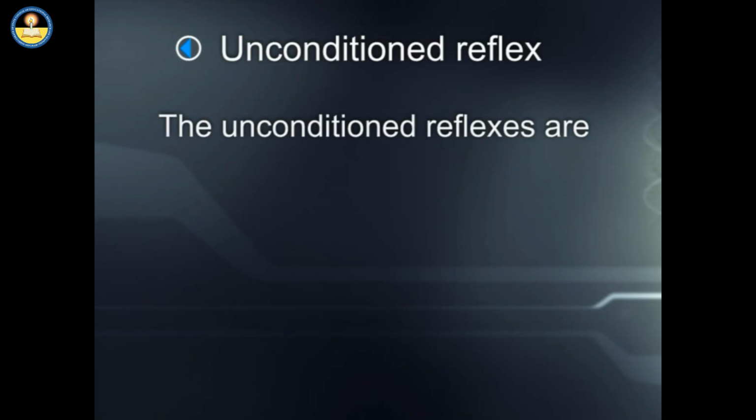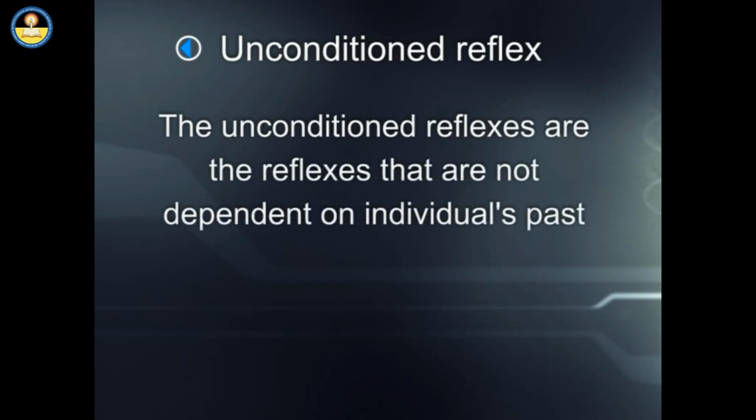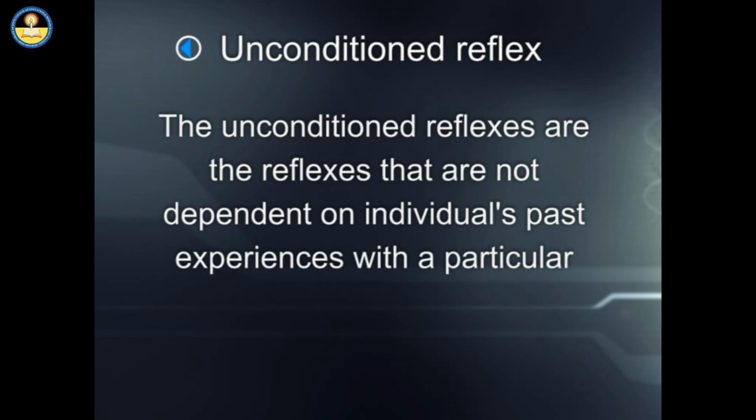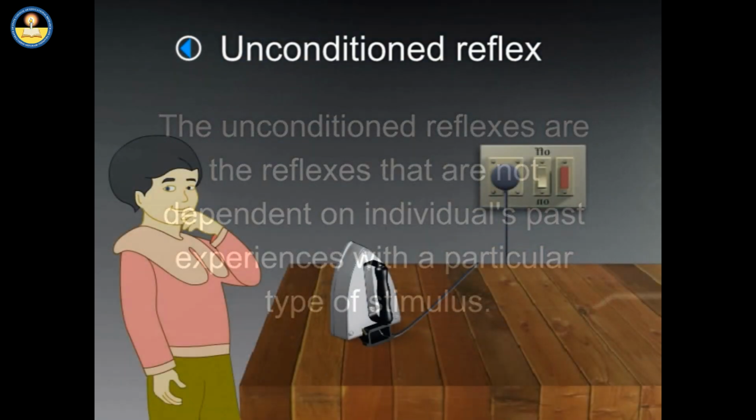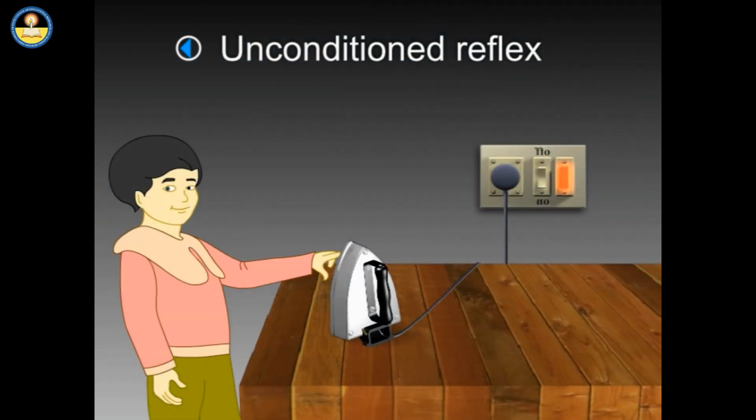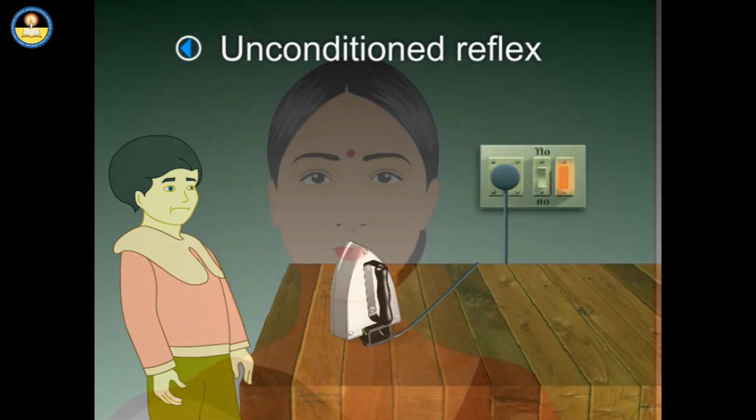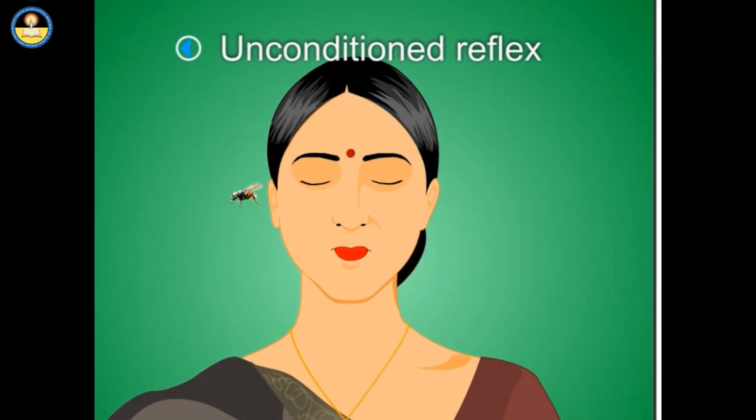The unconditioned reflexes are the reflexes that are not dependent on an individual's past experiences with a particular type of stimulus. All these reflexes which we learnt by now are of this type only.